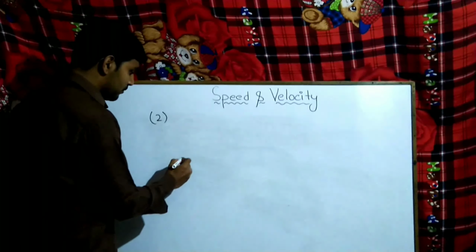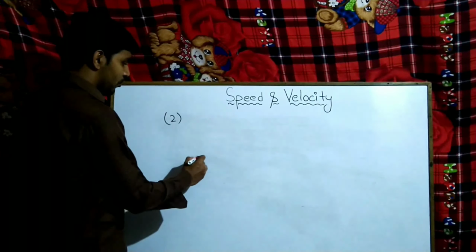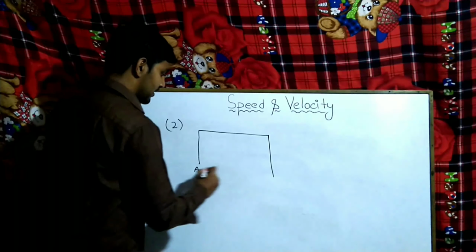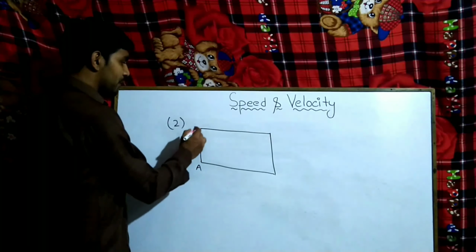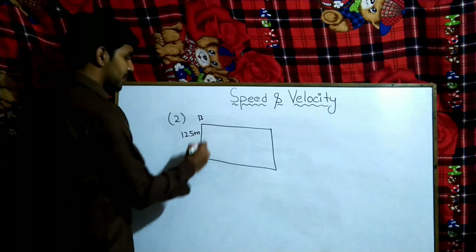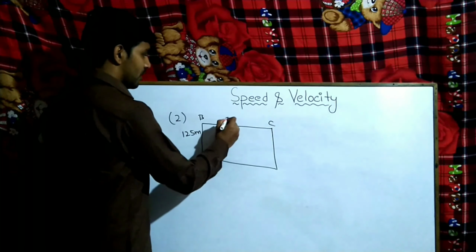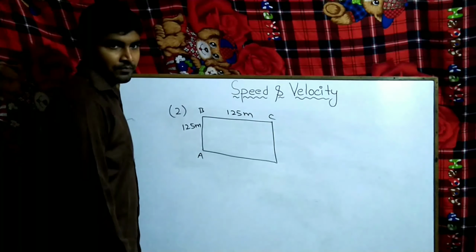Now in the second question, a body starts from point A and moves in a square field. From A to B the side is 125 meter, and from B to C again it is a square, so all sides are equal.